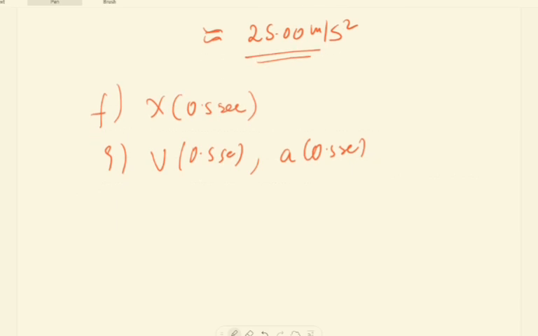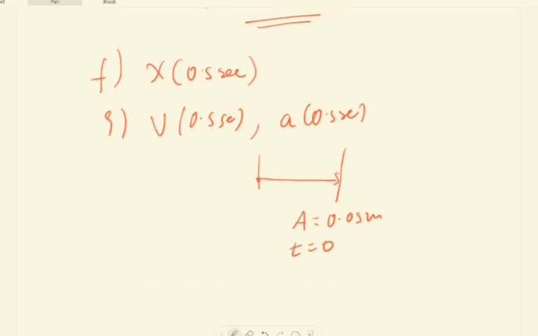Our oscillation motion should be expressed as a function of time. The oscillation starts from the maximum displacement A of 0.05 meter from the equilibrium point at t equals 0. If displacement is maximum at t equals 0, it should be expressed in terms of a cosine function.